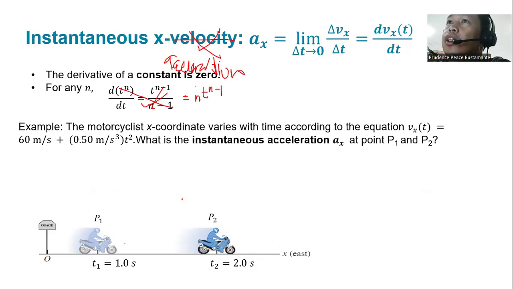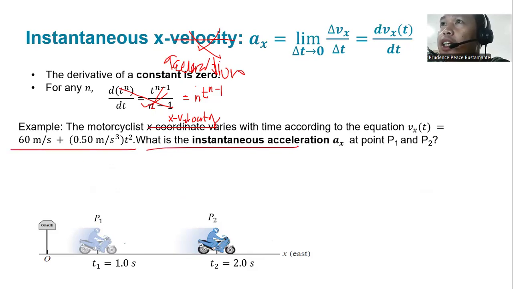His x velocity varies with time according to the equation v sub x of t, which is equal to this one. So what is the instantaneous acceleration at point P2 and P1?